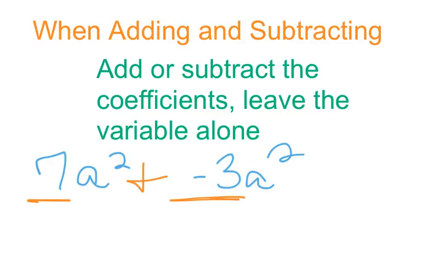If I'm going to add them, I add 7 plus negative 3, which happens to be 4. So I did the first step: add or subtract the coefficient, leave the variable alone. 7 plus negative 3 is 4. I leave the variable alone. It's a squared. So add or subtract the coefficient, leave the variable alone.